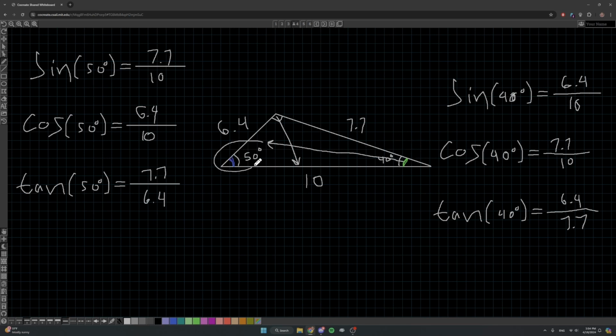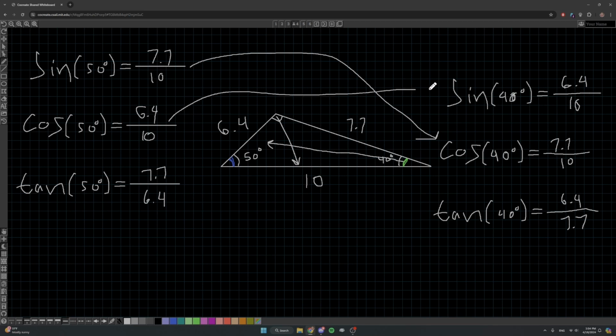So first we studied blue, then we studied green. When we studied blue, we got 7.7 over 10, 6.4 over 10. When we studied green, we got 6.4 over 10, 7.7 over 10. So the sine of the blue corresponds with the cosine of the green. The cosine of the blue corresponds with the sine of the green.